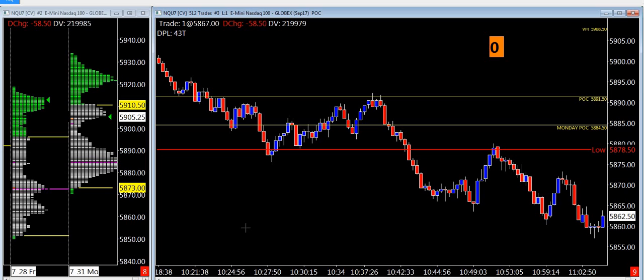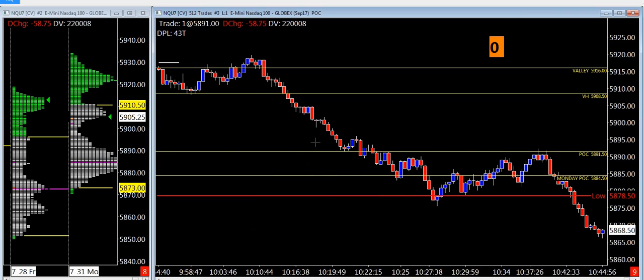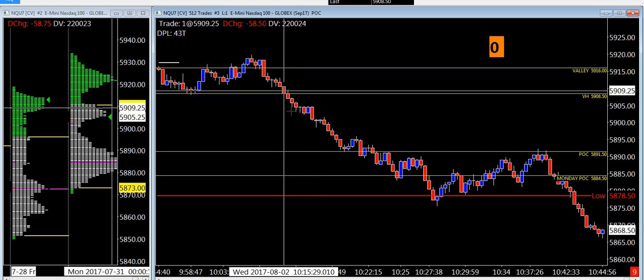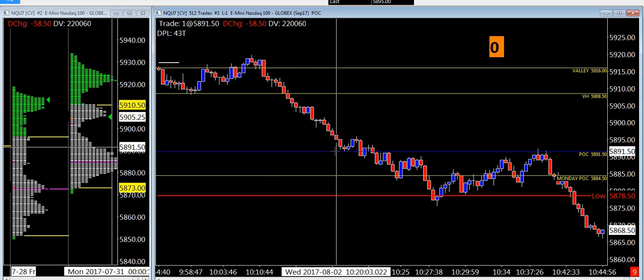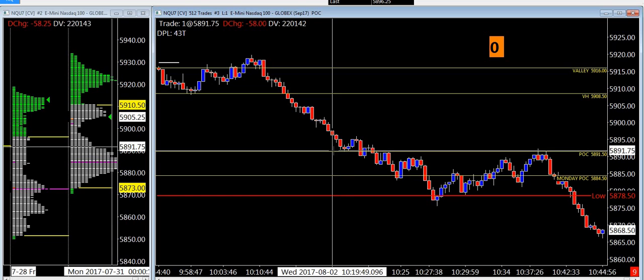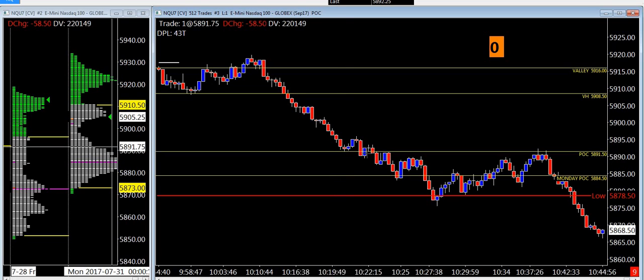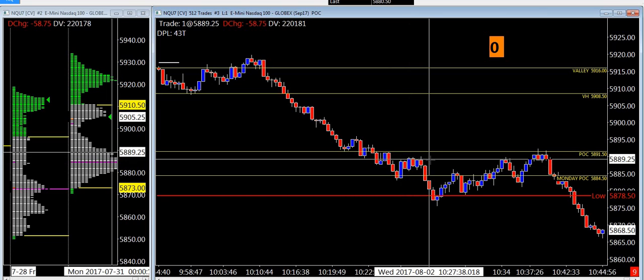Yeah, I understand the falling knives thing, but at certain levels, the POC is especially useful when you've been away from it and you had a big run. It's just chasing. It's looking for a place to stop, and you could have gotten some money over here, and then once we've taken it out, you take a pullback to there and down to Monday's point of control.